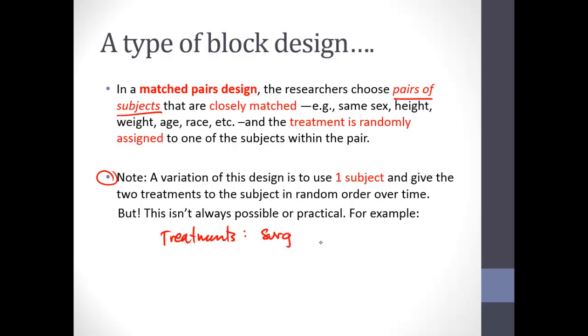The example I would give is, what if my treatments are surgery or some sort of pill or other drug? If I give people in my study both surgery and then later some sort of pill or drug, I can't really separate what's making the difference.